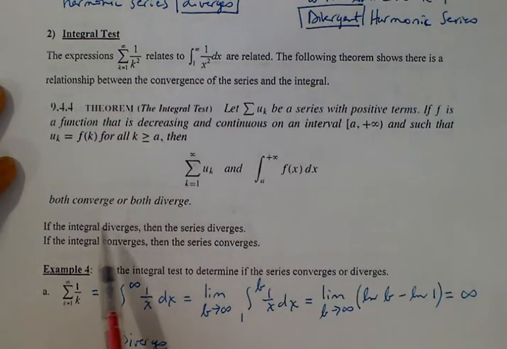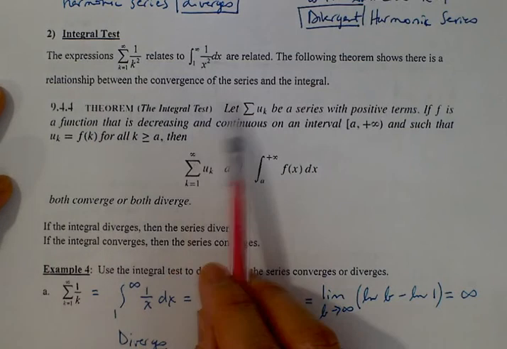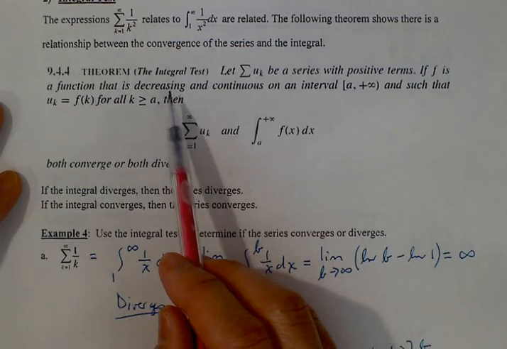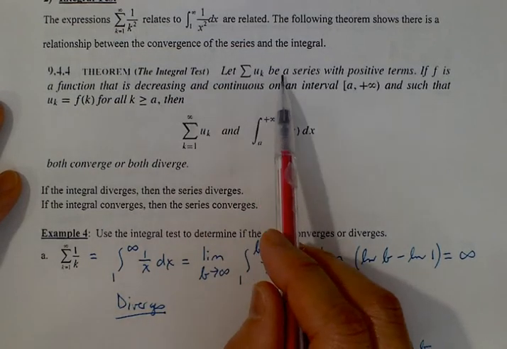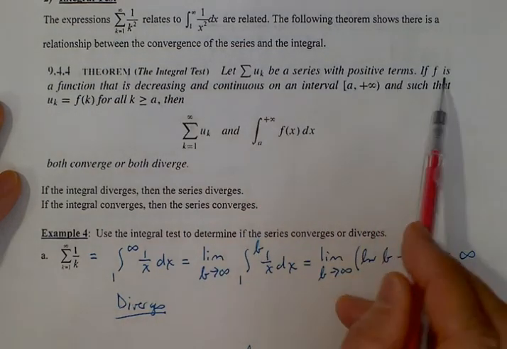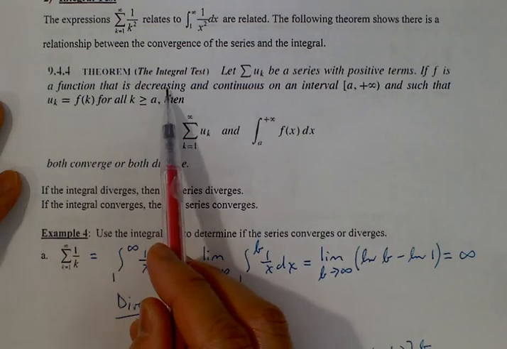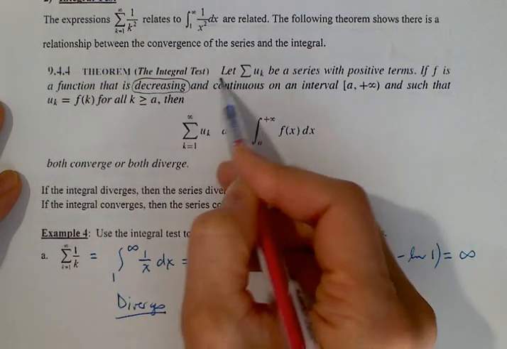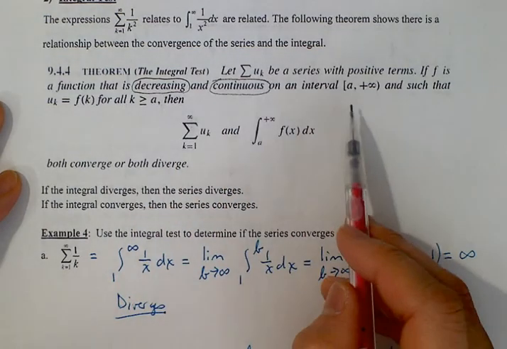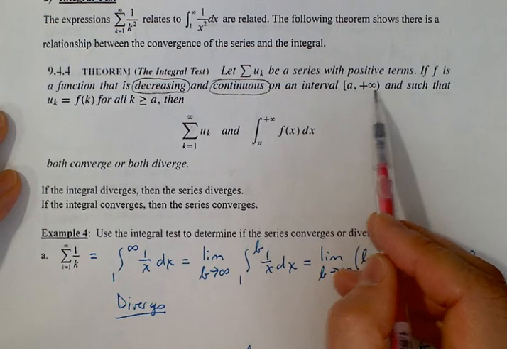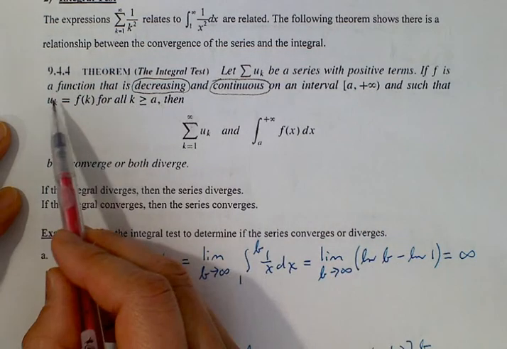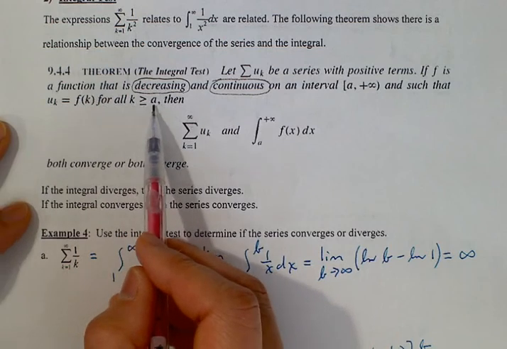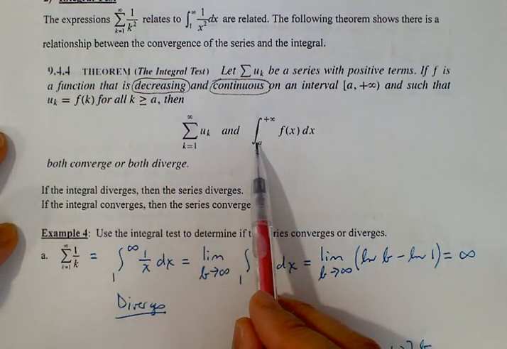The following theorem shows that there's a relationship between the convergence of the series and the integral. This is called the integral test. If you have u of k as a series with positive terms, and if f is a function that is decreasing and continuous, okay, those two are important, it's got to be decreasing and continuous on the interval from a to positive infinity, such that u of k is f of k for all k greater than or equal to a, then you can rewrite it this way.